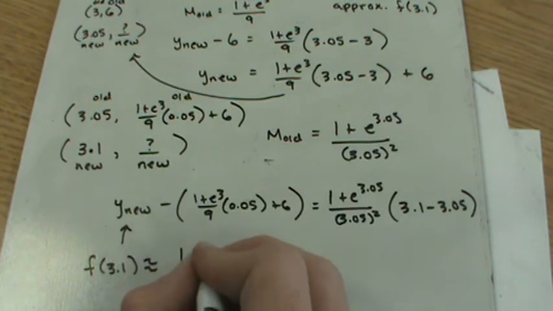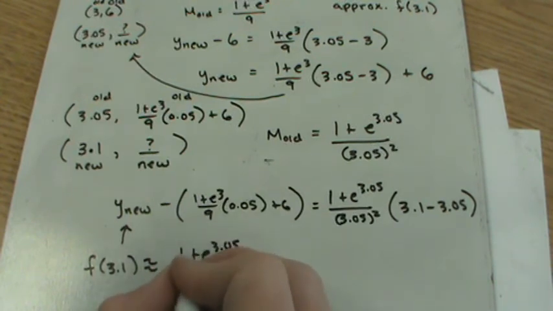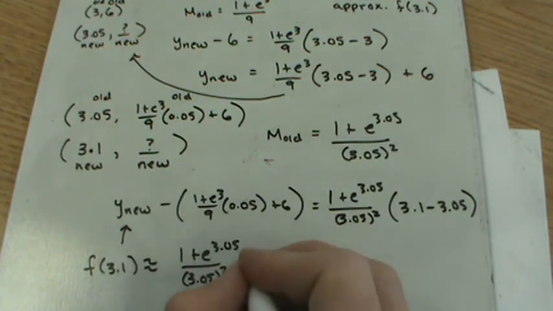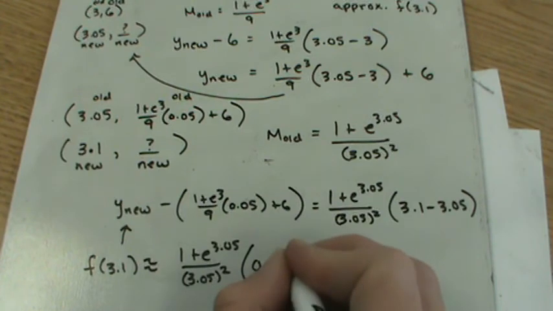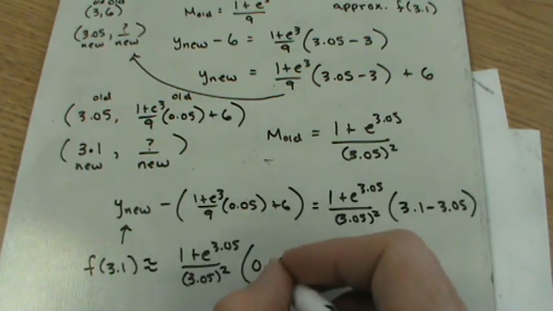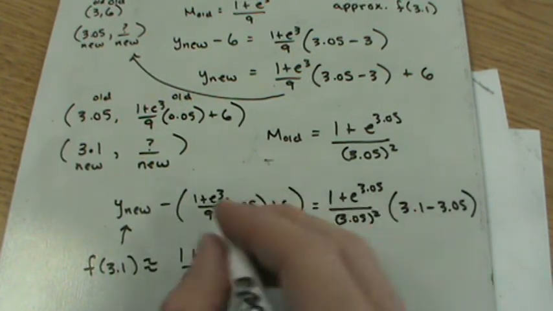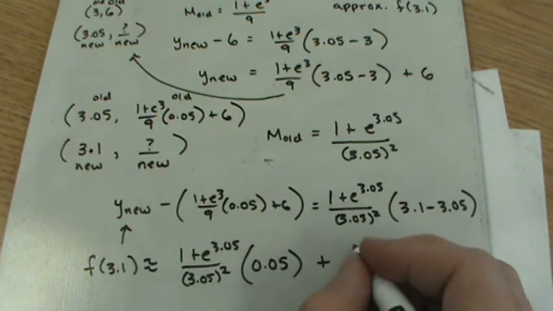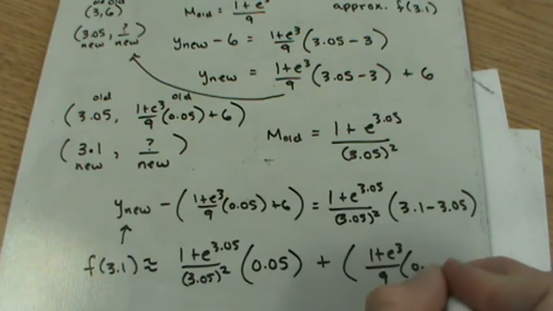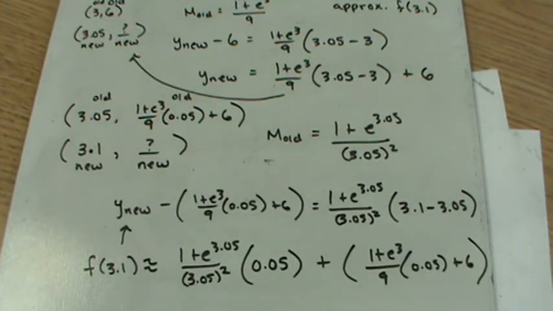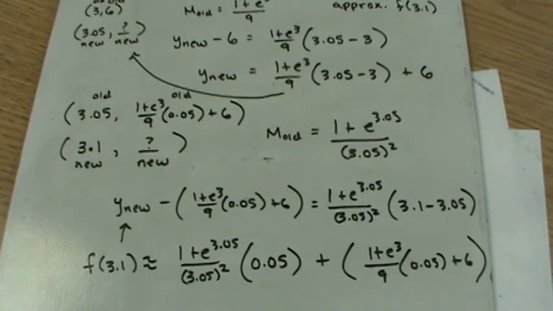So 1 plus e to the 3.05 over 3.05 squared times 0.05, and then we're going to add that over. So plus 1 plus e cubed over 9 times 0.05 plus 6. And that would be our final answer for part B.